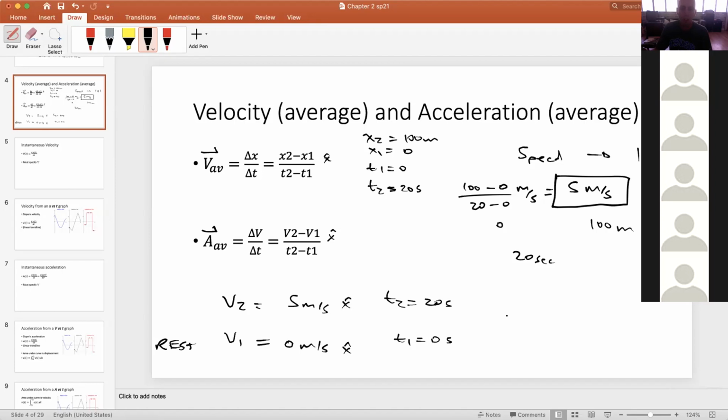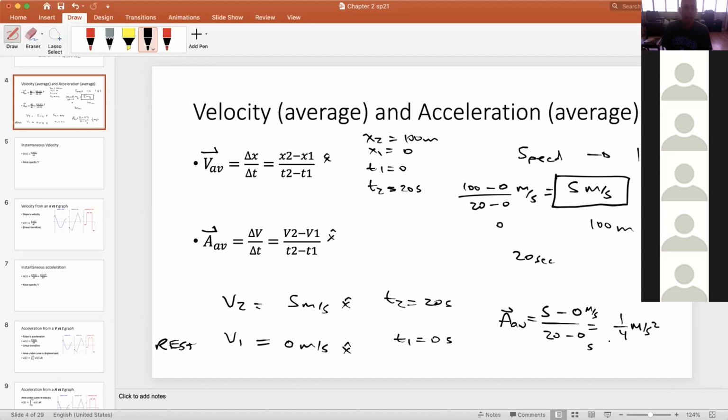So here, what we get is that our average acceleration is 5 minus 0, v2 minus v1, over t2 minus t1, or 1/4 meter per second squared, because this is meters per second and this is seconds. Okay.